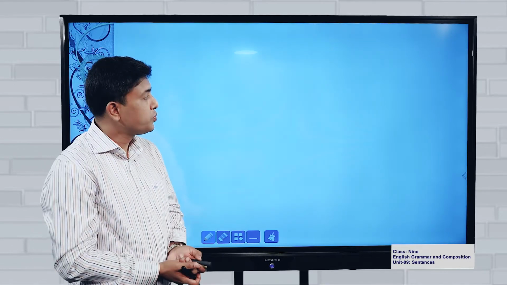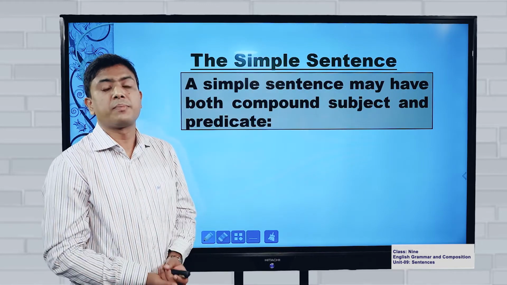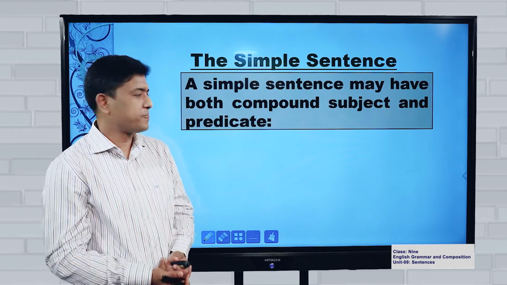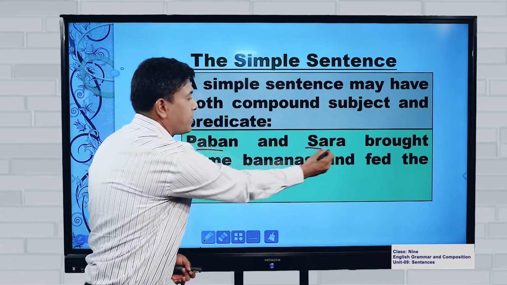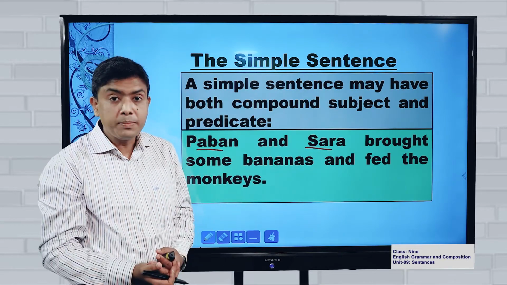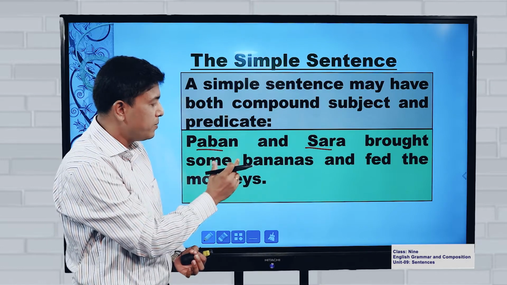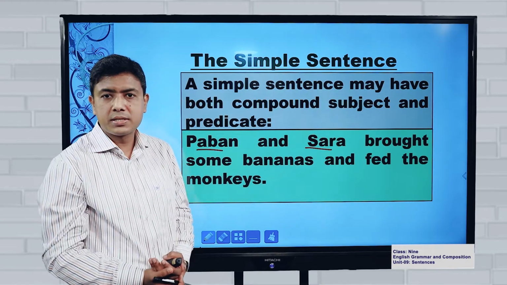And lastly, we can see that a simple sentence may have both a compound subject and a compound predicate. If you look at this example, Pawan and Sarah, two different persons altogether, making a compound subject. Pawan and Sarah brought some bananas and fed the monkeys.